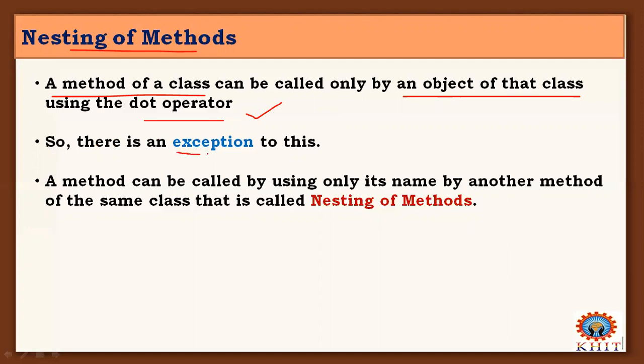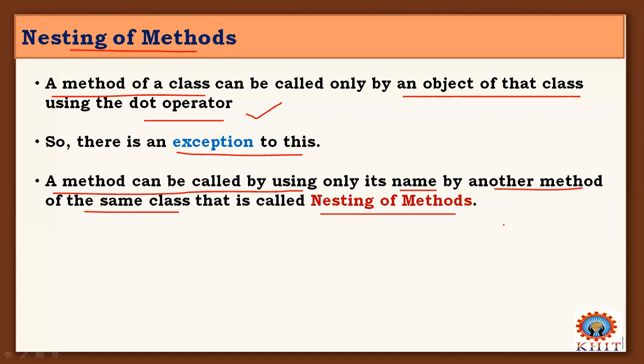There is an exception to this, a different way of doing it: a method can be called by using only its name by another method of the same class. This is called the process of nesting of methods.